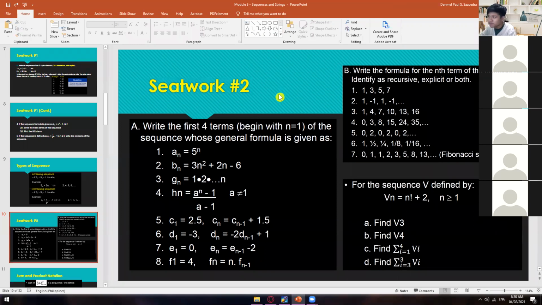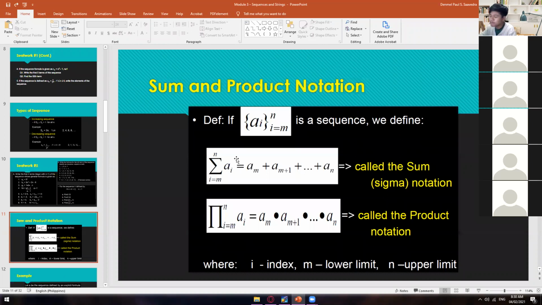All right then. So the next one is sum and product notation. Maybe some or most of you are already familiar with this one. So we have this defined as a sub i, which is the given formula or given notation. So it could be a summation or a product notation.